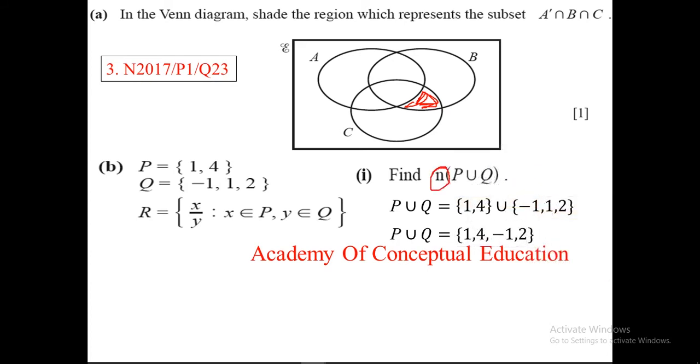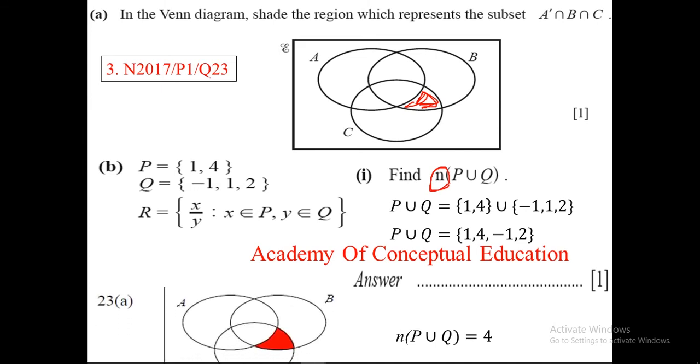This n means the number of elements of set P union Q. So we have to count them: 1, 4, minus 1 and 2. These are 4 elements. So the number of elements of P union Q will be 4. This is the answer for the first part. This Venn diagram is the answer for the first part, which we have already discussed.